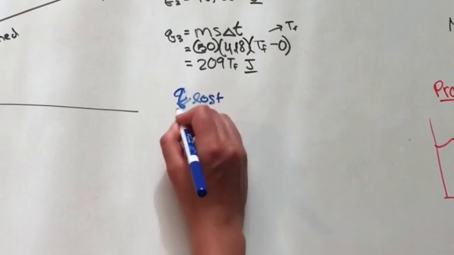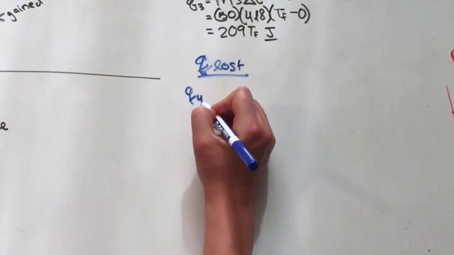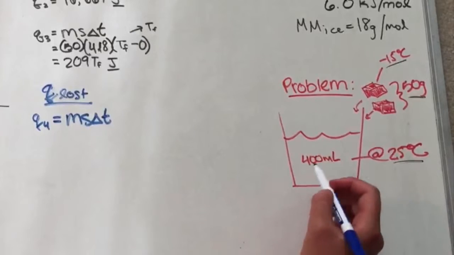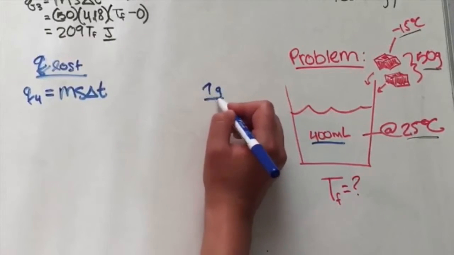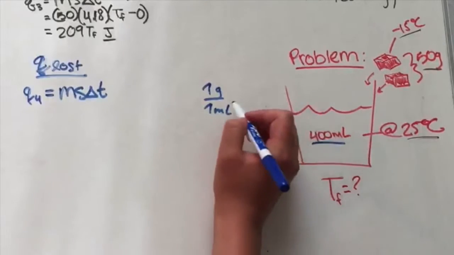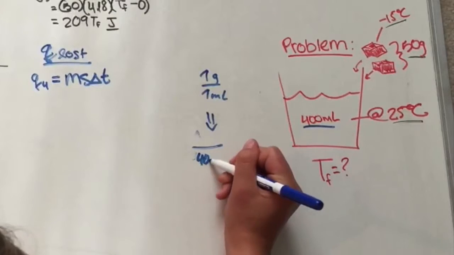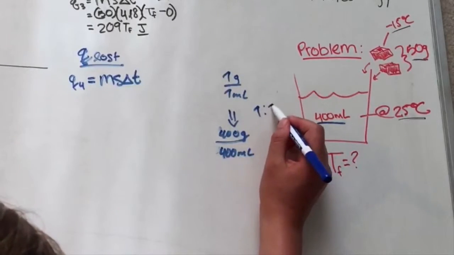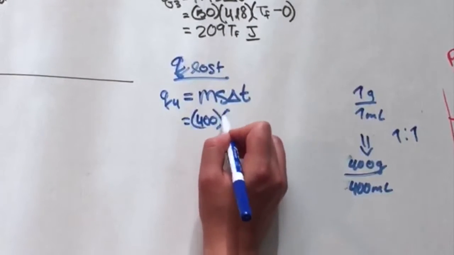Now we can move on to Q lost, which essentially consists of Q4, and that will be our last ms delta T calculation. So we'll start with 400 milliliters of water, and since water has a density of 1 gram per 1 milliliter, we can assume that 400 milliliters is equal to 400 grams. It's a 1-to-1 ratio. So we can go ahead and plug in 400 grams as the mass.